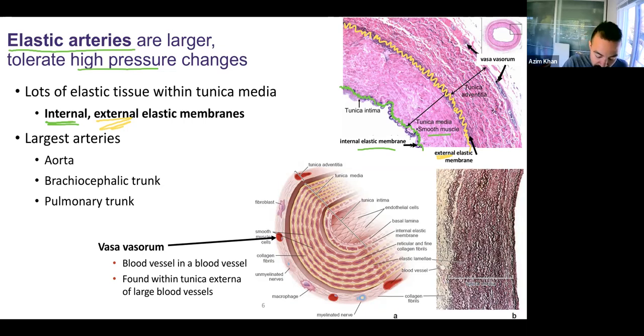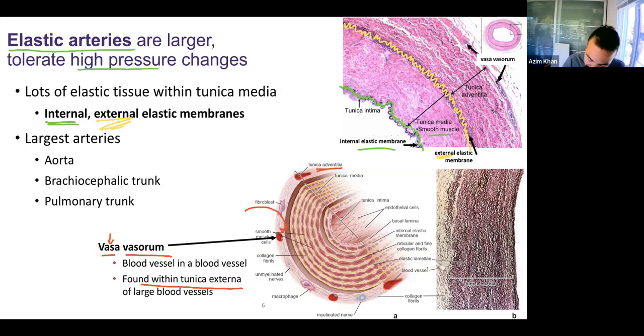Another important feature that you can see in the adventitia, the tunica externa, is that this large blood vessel has smaller blood vessels found in tunica externa. Blood vessels within blood vessels, the way to say that in Latin is vasa vasorum. Vas or vasa means blood vessel or vessel. So vasa vasorum means vessel in a vessel.